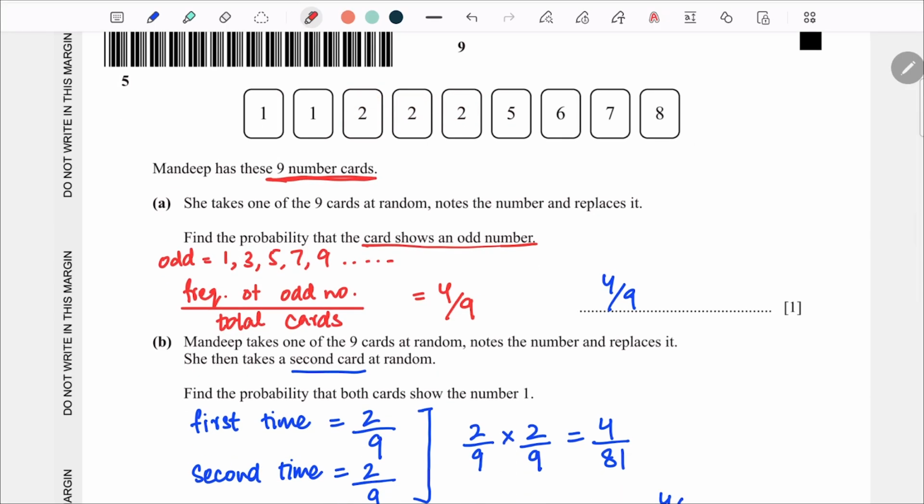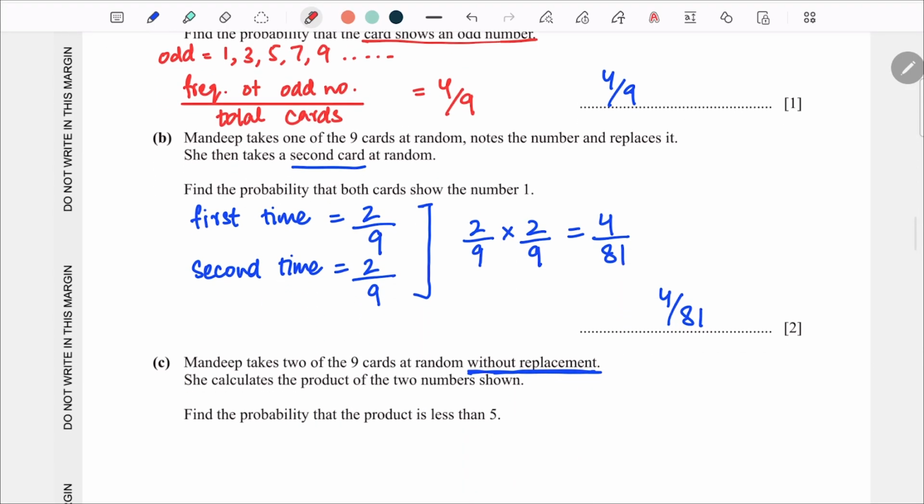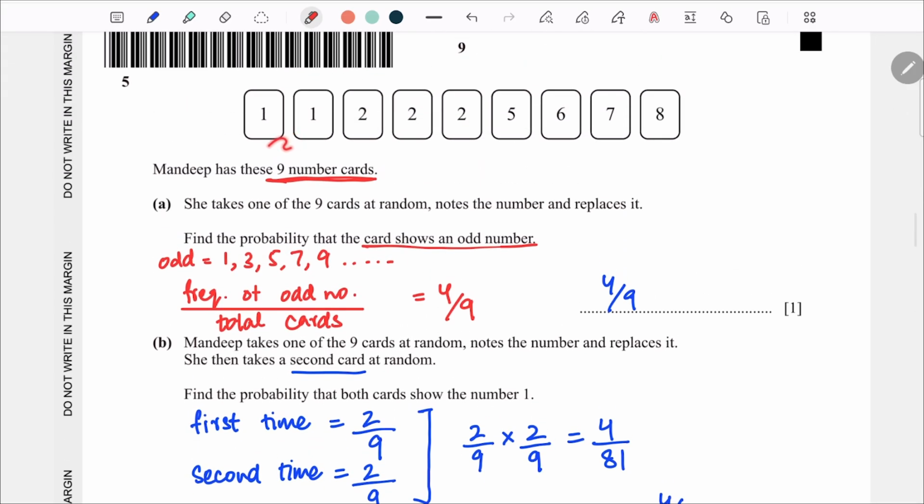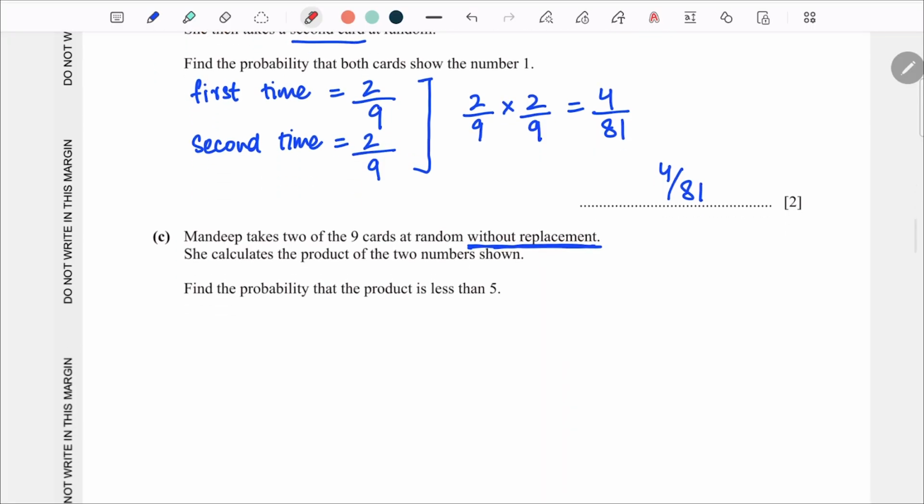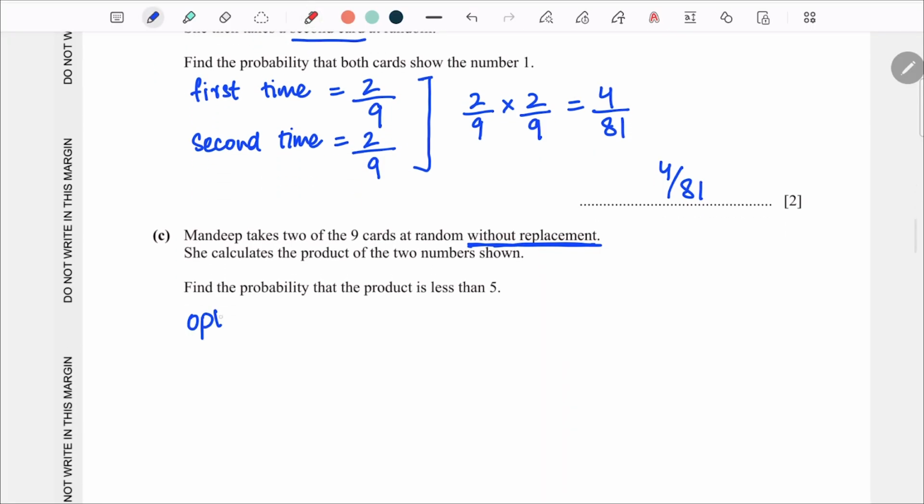So basically, I have to choose two numbers whose product is less than 5, meaning the product should be less than 5. 5 is not included. So I only have these 5 numbers as my options. So my options are 1, 1, 2, 2 and 2.